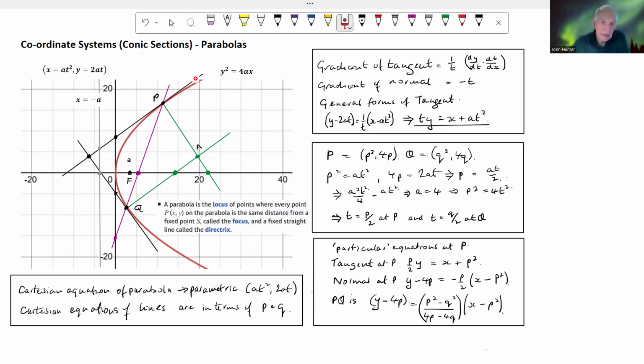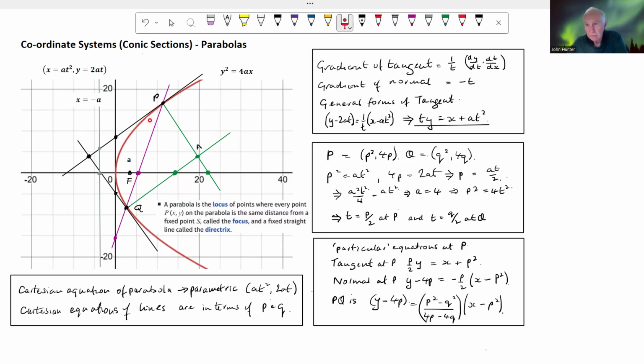The straight lines we tend to be interested in, given 2 points on the curve, which is a typical type of problem, are the tangents, the ones there in black. We've got the chord joining P and Q, 2 points on the parabola. We've also got the normals at those points as well.